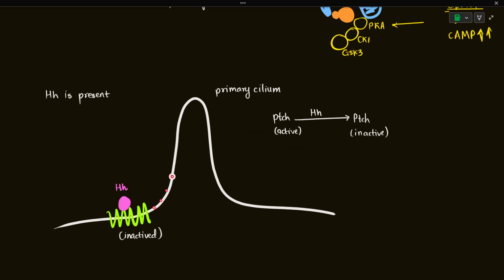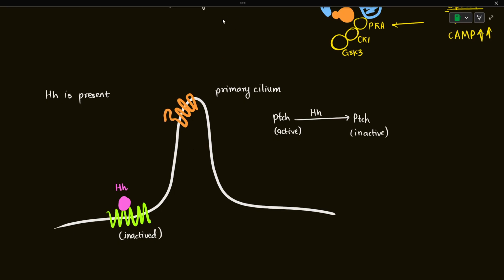So this cholesterol is abundant in the plasma membrane, and that is why it is going to bind to the smoothened receptor. Let me just redraw it. The smoothened receptor has an extracellular domain which can bind to the cholesterol.